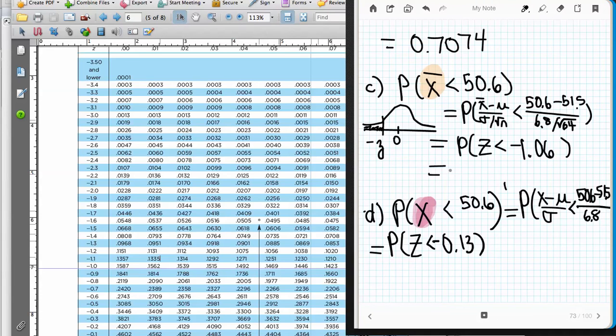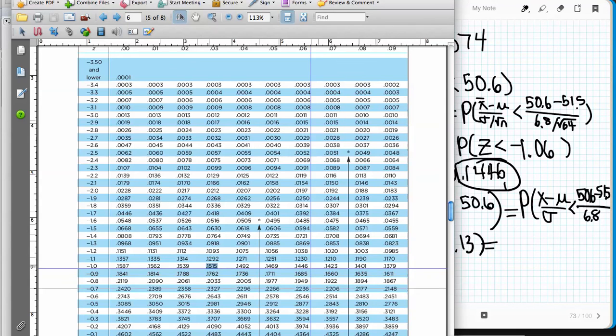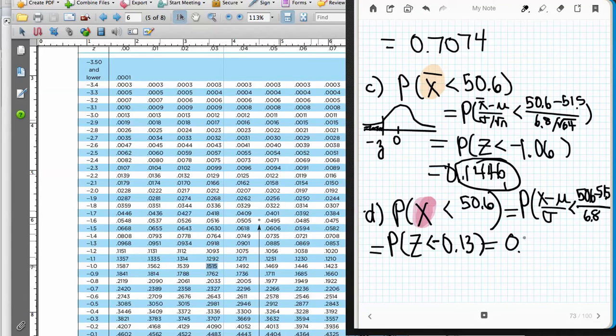So this probability is 0.1446. That's opposed to my probability here at negative 1.13, so negative 0.1 and then the 3 over here, and that'll be 0.4483. So what you see here is the probability of this single observation being much greater than the probability of a random sample having an average that's less than that.